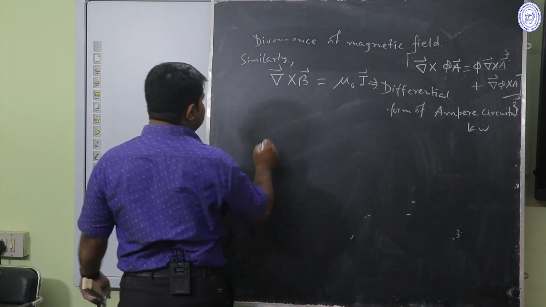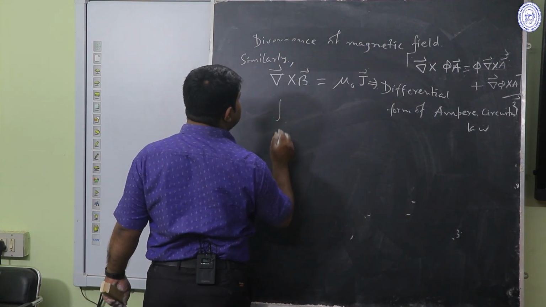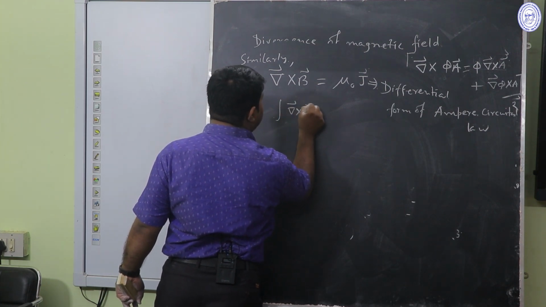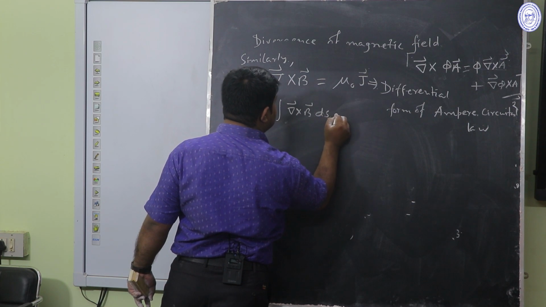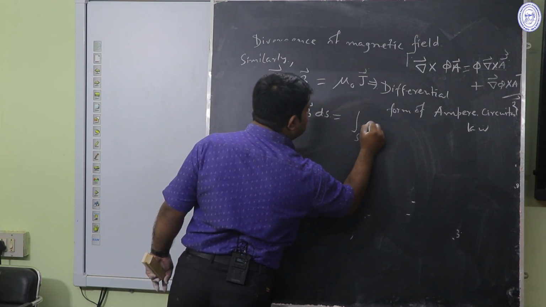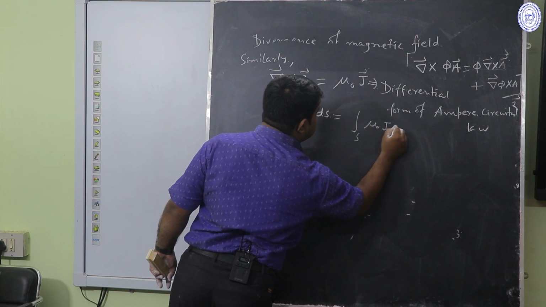Taking the surface integration on both sides, integral of curl of B dot dS over surface is mu 0 J dot dS.